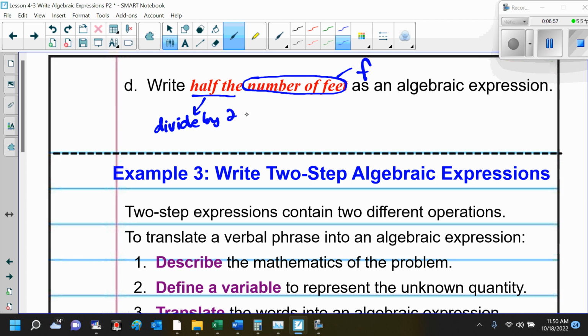Divide by 2. Now, half the number, you can also show that using multiplication. You can also multiply, or multiplied by 1/2. Make sure you write this down.